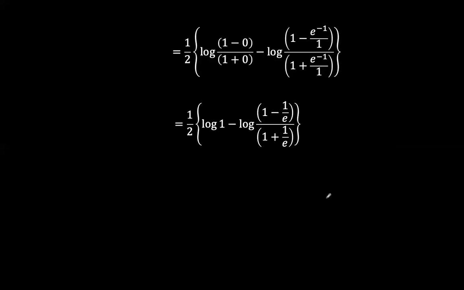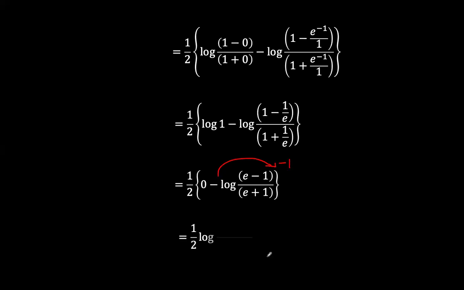So the e to the power negative 1 is the same as 1 over e, multiply across by e, and since log 1 is 0, that goes away. And here we have minus log of (e minus 1) over (e plus 1). The negative here can go up as power negative 1, right? And that means that we get the reciprocal of whatever is under the log function. And so we have half natural log of (e plus 1) over (e minus 1). And that is the answer.